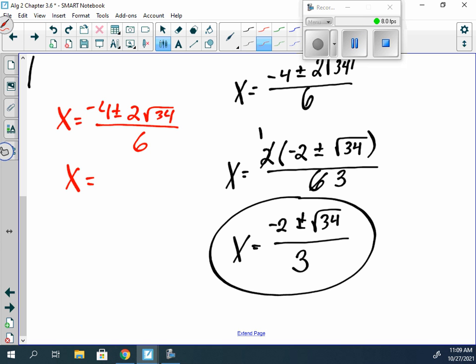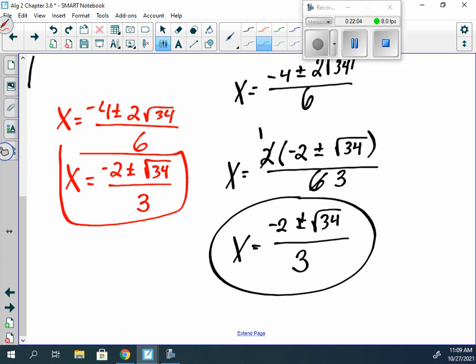The other way we can look at it is, well, we're reducing everything by a factor of 2, yes? We're dividing each one of the terms by 2. -4 divided by 2 is -2, plus or minus. Well, 2 divided by 2 is 1, so we're left with 34 divided by, well, 6 divided by 2 is 3. We're just simplifying each one of those terms down.